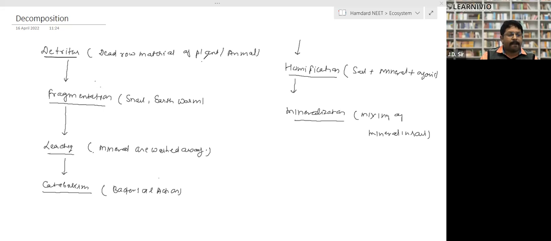It is the dead remains of plant and animal and fecal matter. Plant, animal, and fecal matter. Full stop.